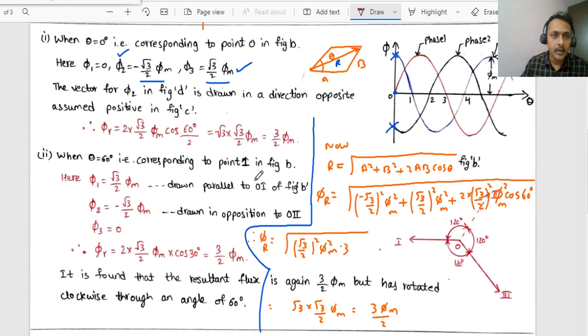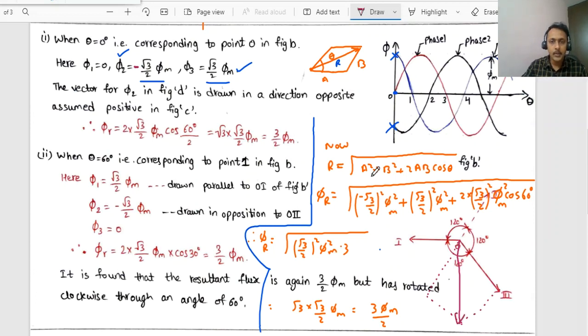Here phi 2 is a negative value, minus we got. Phi 3 is a positive value, right? So phi 2 negative value means like this we will extend back side, and like this we will extend parallel to the third phase, and this one will be the resultant value.